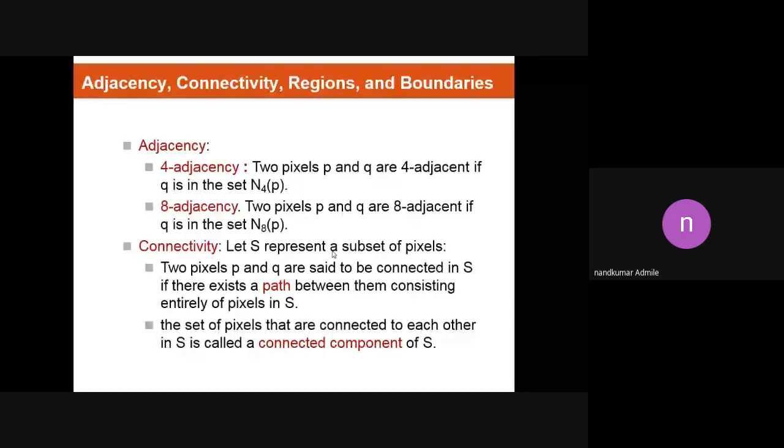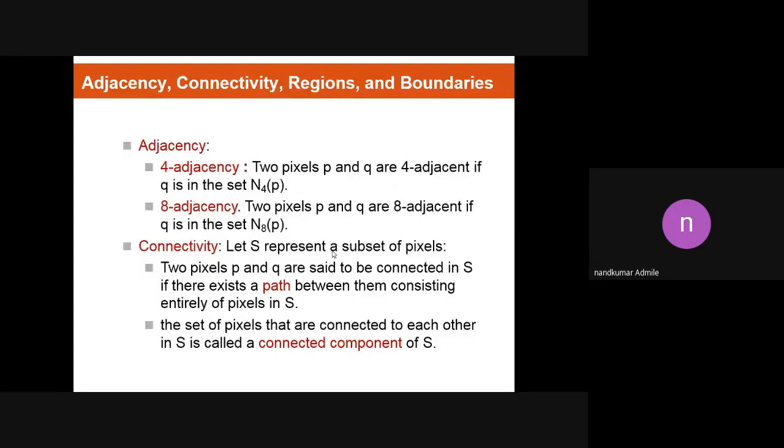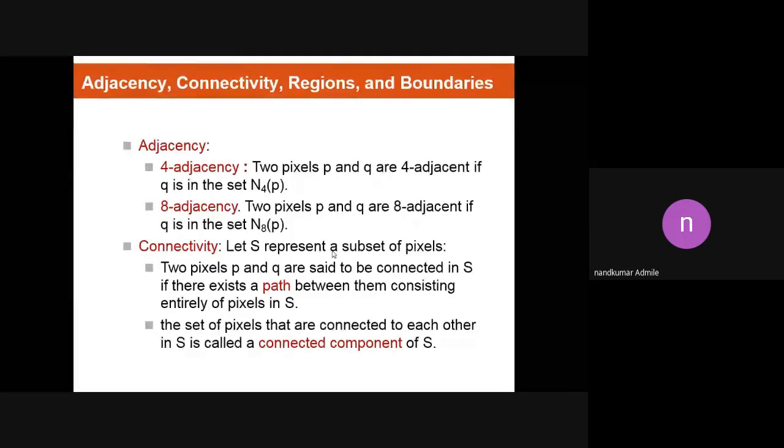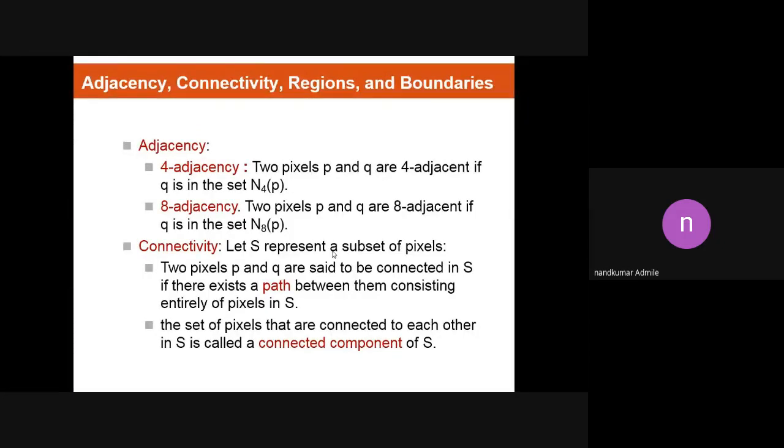We can go in horizontal, vertical and diagonal also, right? Understood it? So if 4 connectivity is there, we can connect the pixel only in horizontal and vertical direction. And if we have 8 connectivity, then we can connect the 2 pixels in a vertical, horizontal and diagonal direction also.